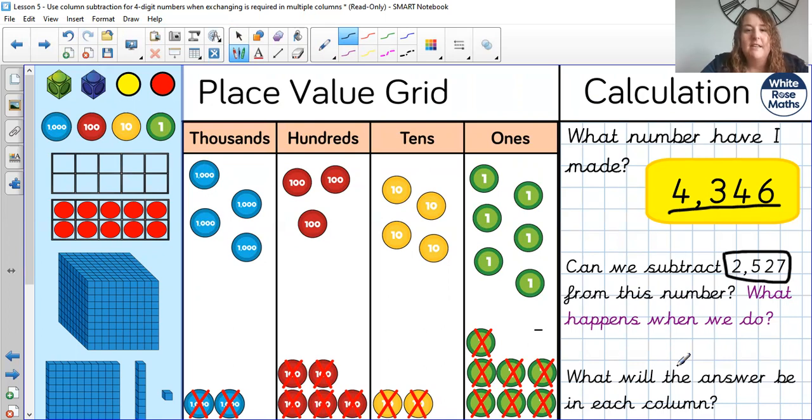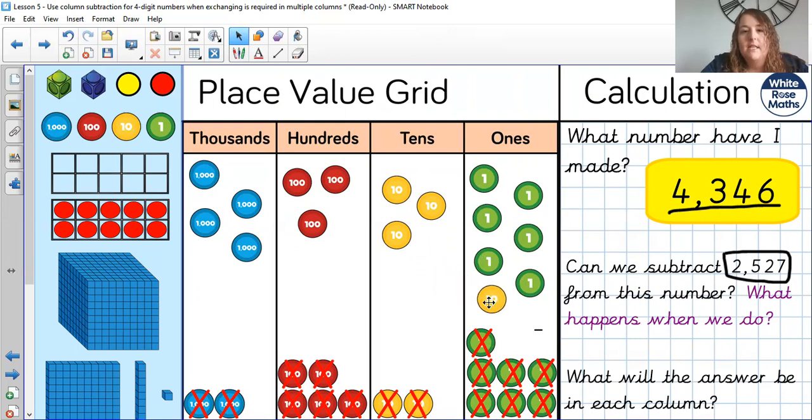Let's find out then. So I've got 6 ones, but I need to take away 7 and I cannot do that. So the first thing I'm going to need to do is take one of our tens and I'm going to need to exchange it. So I'm going to pop it into the ones column. And when we were doing this with our written format, you would then see the little 16. But I'm actually going to be swapping this because we're using counters.